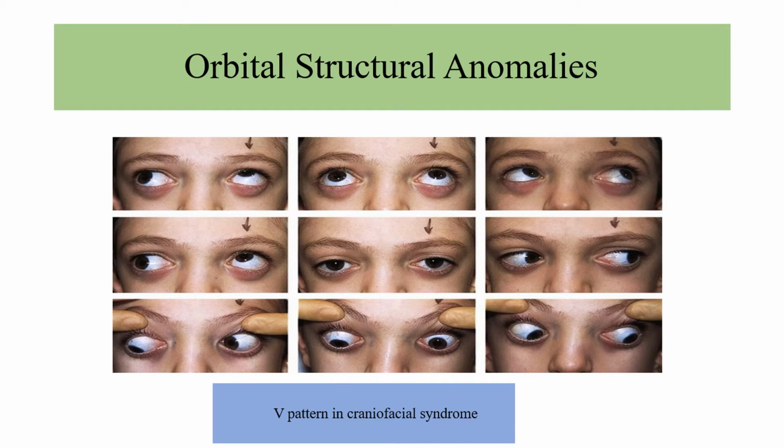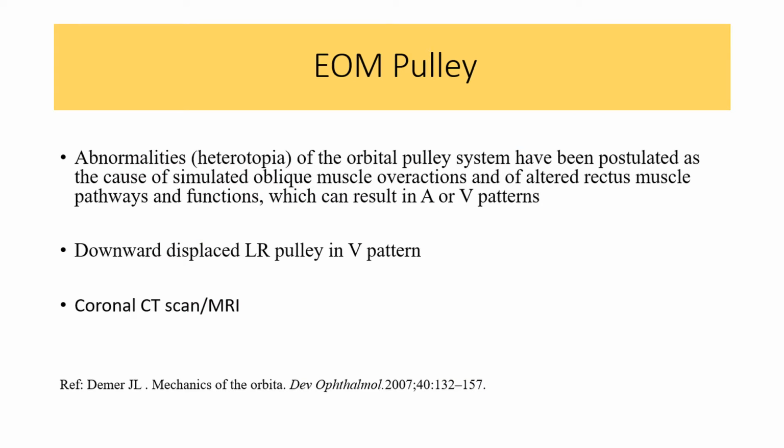Now if you look at this patient, there is an exo, but what do you see? It gives you a pseudo inferior oblique overaction, and when we asked for an MRI, the patient had orbital structural anomalies. So you have to be careful when you are dealing with Crouzon's and Apert syndrome patients, because the V pattern in these craniofacial syndromes will vary, and just doing an oblique surgery will not take care of the pattern deviation in those cases.